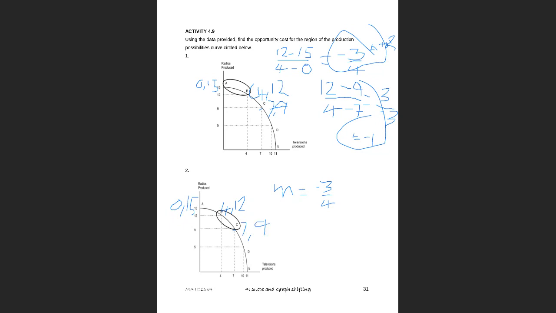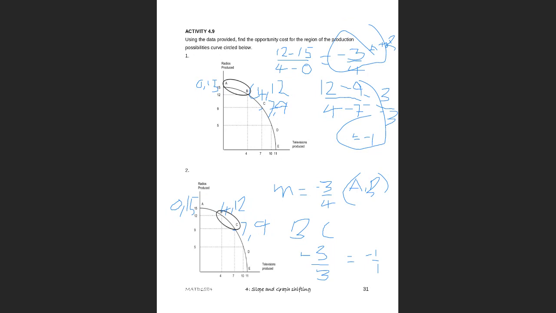Here the gradient is from A to B. Now let us go from B to C. You find out that the slope, I'll write it straight away, is going to be minus 3 over 3, or in effect, minus 1 over 1.